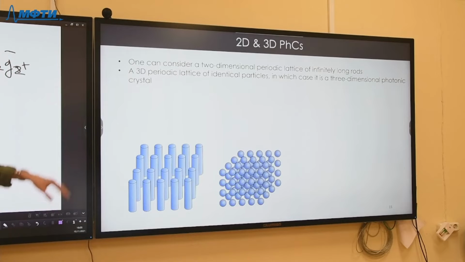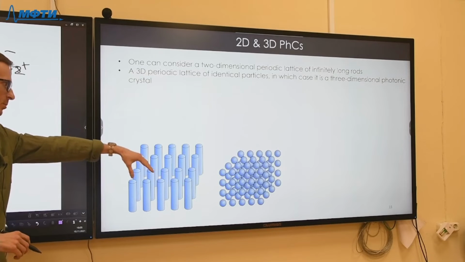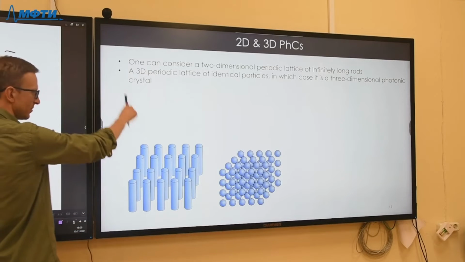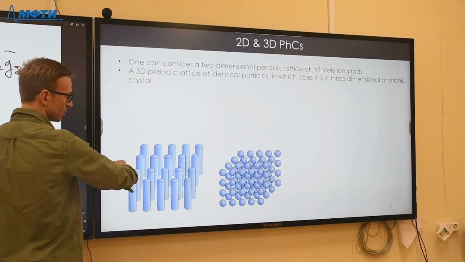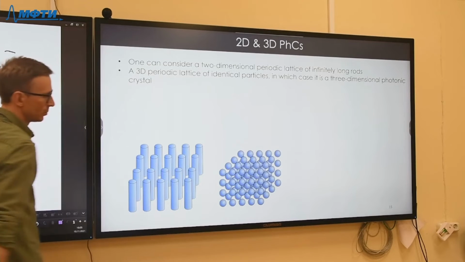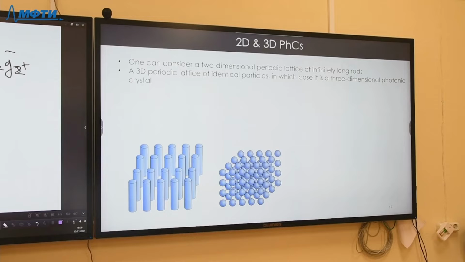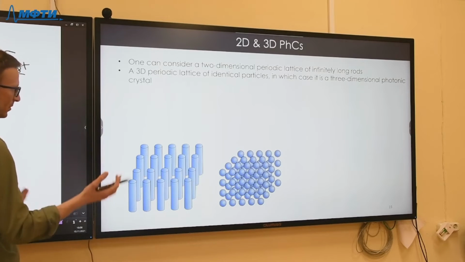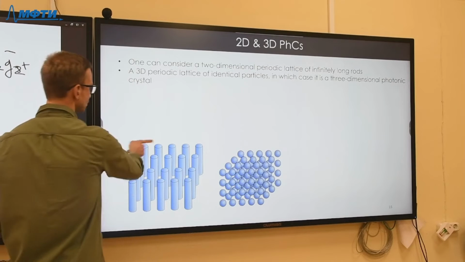You can have a periodic array of infinitely long rods, which are continuously invariant along the z-axis, but only periodically invariant along x and y. Or you can have a truly three-dimensional photonic crystal formed by an array of spheres, spheroids, ellipsoids, or even more complicated scenarios.